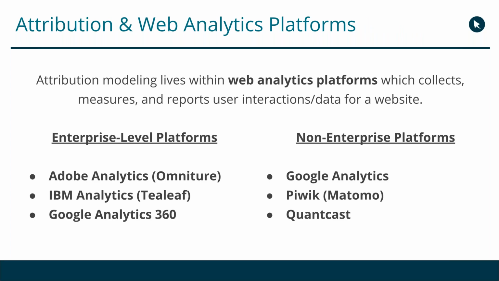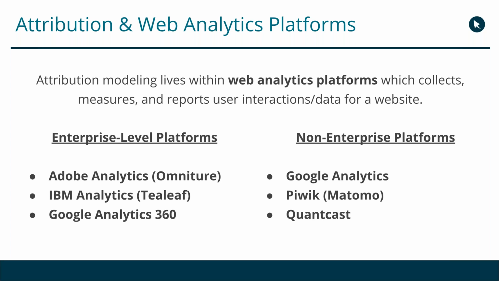Okay, so what are some examples of platforms that give you the ability to look at attribution? On the left side here, we're looking at enterprise level platforms. This type of attribution reporting lives inside of your web analytics platform.